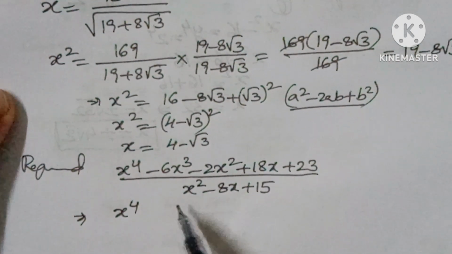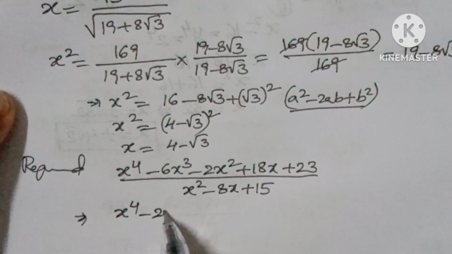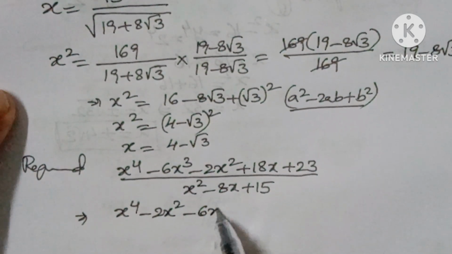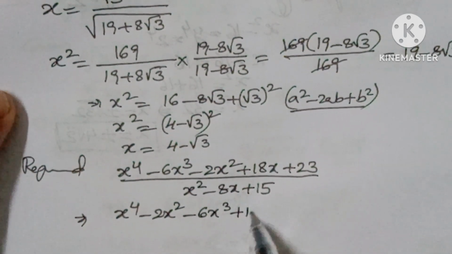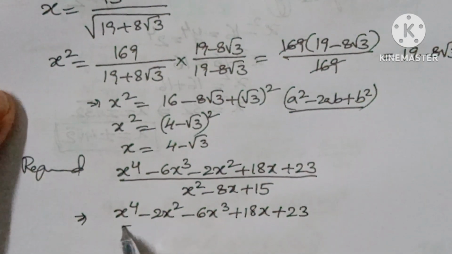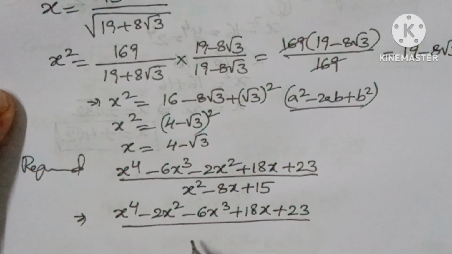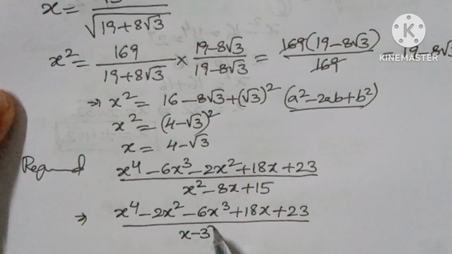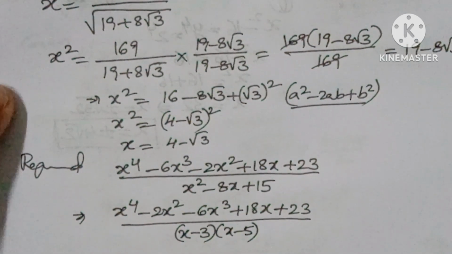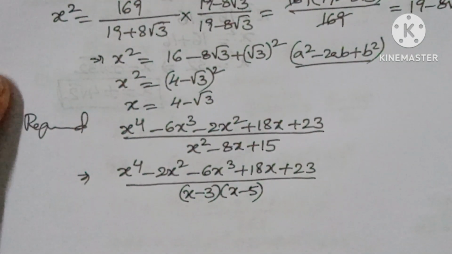X to the power of 4 minus 2x square I am writing here, minus 6x cube plus 18x plus 23 over x minus 3 into x minus 5, factors of the denominator.